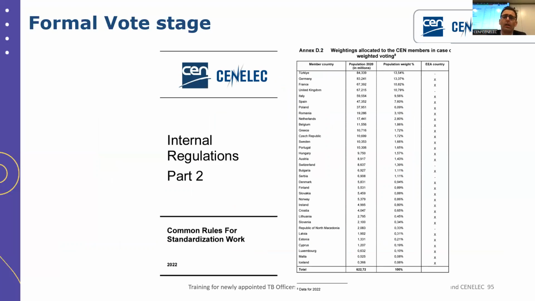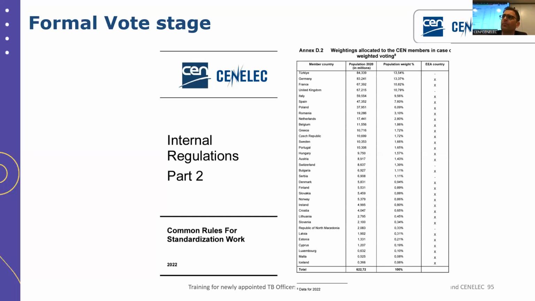If you are interested in knowing the weighted votes of the different CEN members, you just have to go to the internal regulations part 2, in particular annex D2, where you can see per member what is the weight allocated. These weights follow the Lisbon Treaty, which means it is a calculation of the GDP with the population of the country.